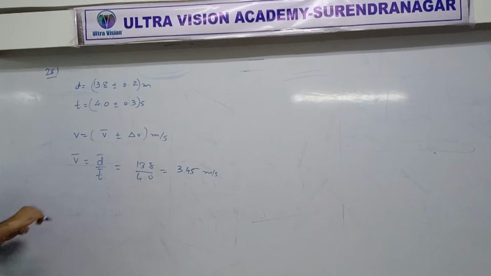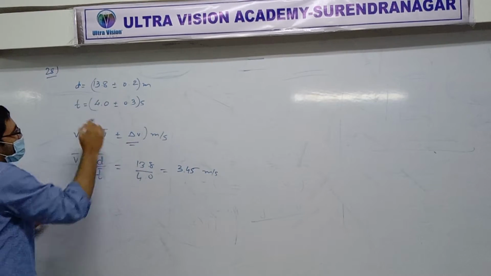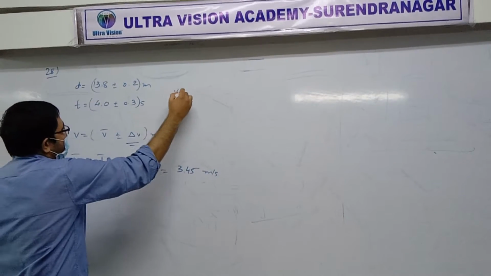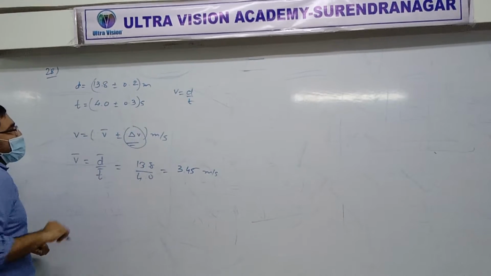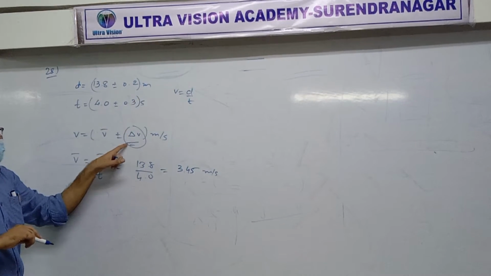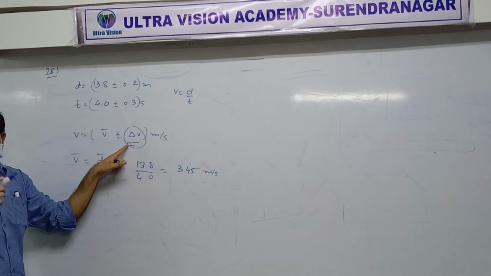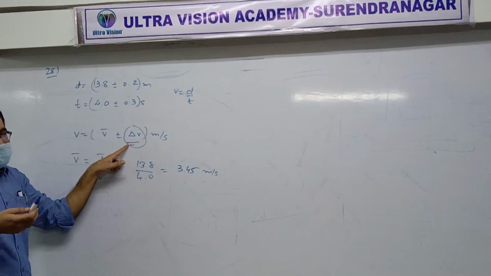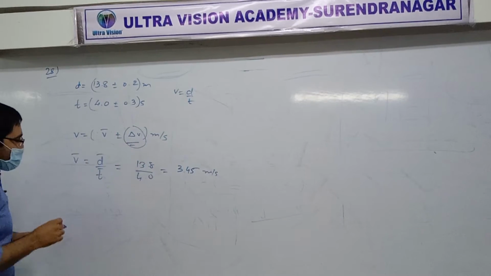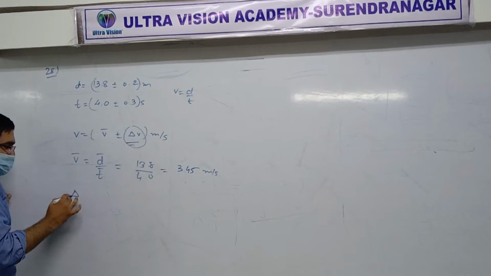Now, time to find delta V. But you see, how to get V? V is equal to D by T, yes or no? It's the division of these quantities. So there is no way to find delta V directly. I mean, there is a way, but I really think you would not have used it. Have you done this? Anyone?